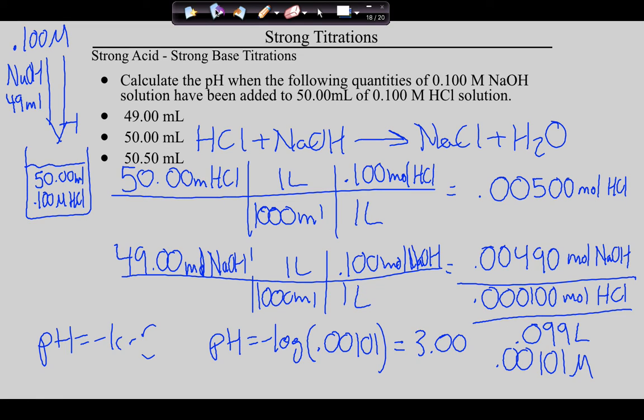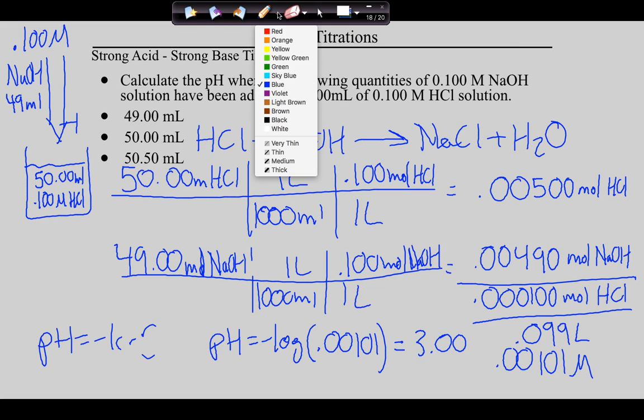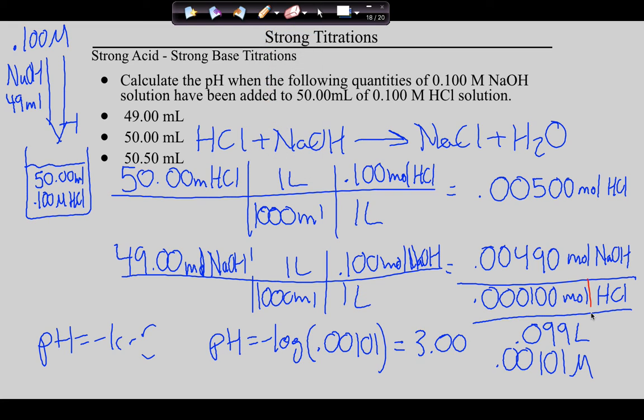And given those new volumes, we'll now do a new subtraction, and we'll end up with a new amount of moles down here, but what will it be moles of? Sodium hydroxide. And this is where this gets different, because this will then give you an excess of sodium hydroxide, which you will then divide by the new volume, which will be what? 0.105, because it would be the sum of this and this.